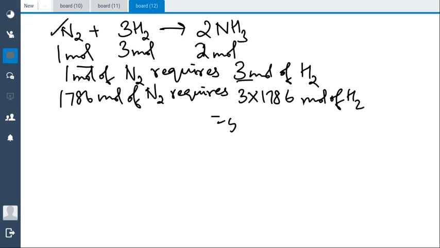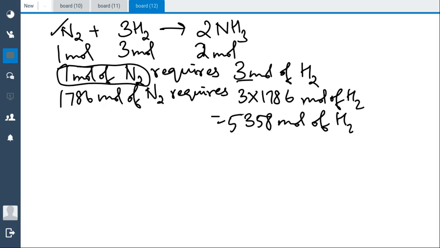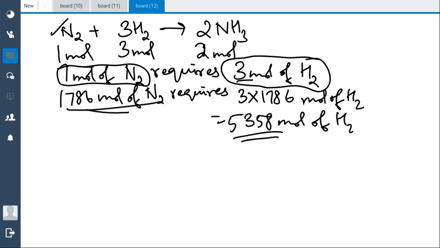This is equal to 5,358 moles of hydrogen. So this says that if 1 mole of nitrogen requires 3 moles of hydrogen, then this many moles of N2 require 5,358 moles of hydrogen. We require this much amount.